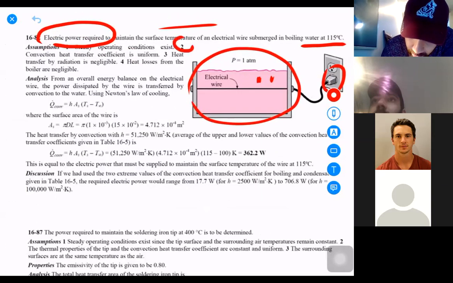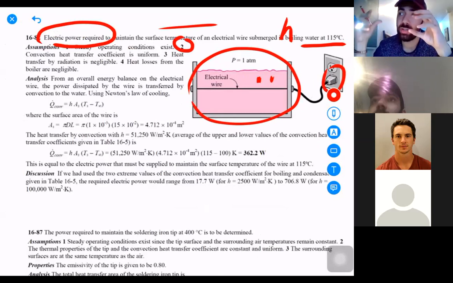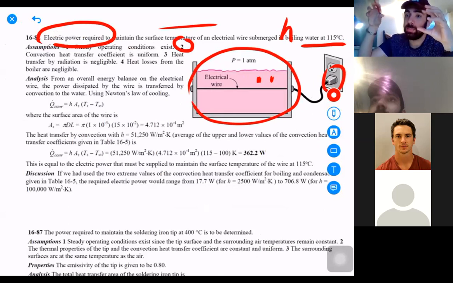The second one, the convection heat transfer coefficient is uniform. What does that mean? It means that the H, the convection heat transfer coefficient, is not dependent on the temperature or any other specifications of that liquid. Because when I start empowering, my power is coming.